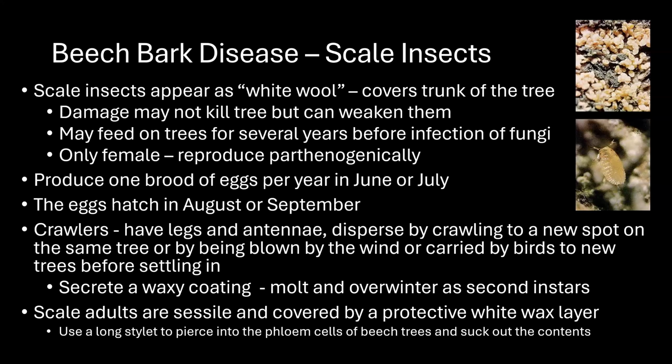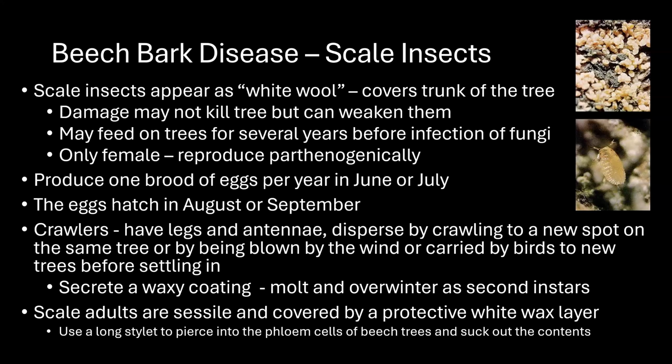They can produce offspring without the help of a male. So they don't need to breed with a male in order to have offspring, which makes that very problematic, as you can imagine, because it means once the female gets big enough, it can just start popping out offspring, and then that population can easily explode and get out of hand. Unfortunately, that's what we see with some of our different insect species.